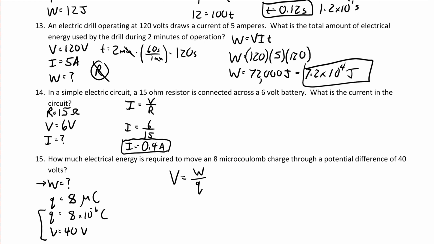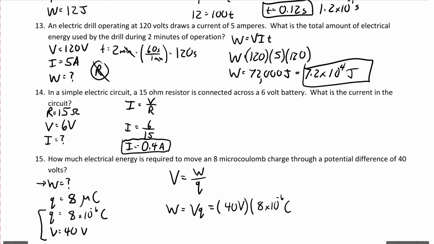If we wanted to be fancy again, you could cross multiply first and come up with your own equation for electrical energy: the potential difference times the charge. So the potential difference is 40 volts times 8 times 10 to the negative 6 coulombs.